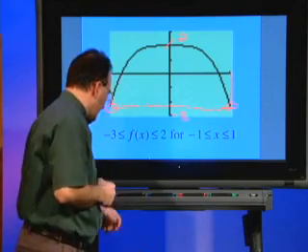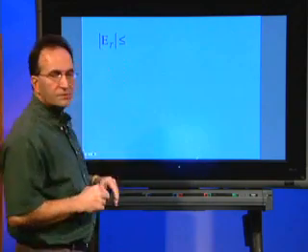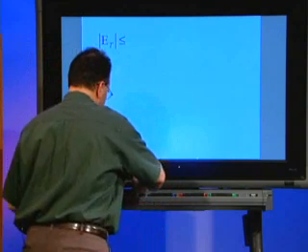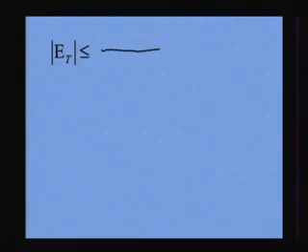Okay, the next part was to calculate the error of the trapezoidal rule. And so let's do that next. That's going to be B, which, I'm sorry, B is 1, so I'll just plug it right in now. 1 minus A, which was -1, over 12.